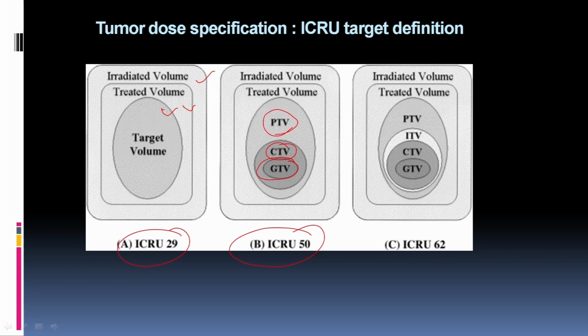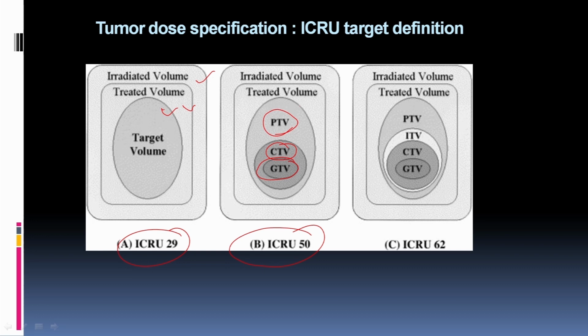Now, along with the GTV, there will be some microscopic spread of this disease. So, we need to include all this microscopic volume with our knowledge and our previous experience. So, there is a definition of CTV for each type of site or each type of disease.